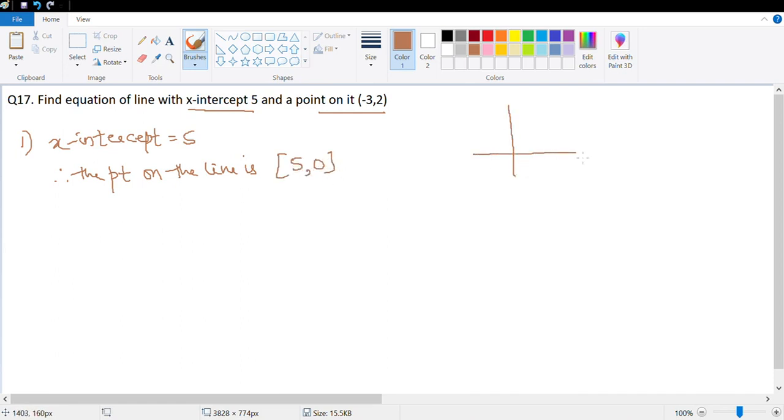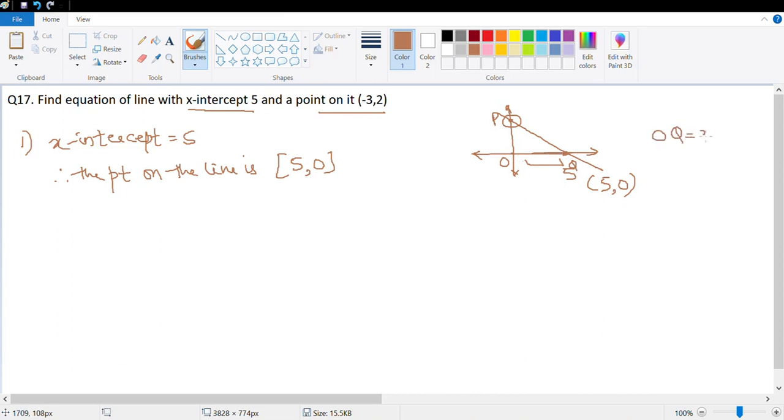Let's understand it again. If this is the required line that I have drawn and it meets the x-axis and y-axis, if this is 5, then this is basically the x-intercept, and the coordinate of this point is (5, 0). And if this is point, let's say P, this is point Q. So OQ is basically the x-intercept.